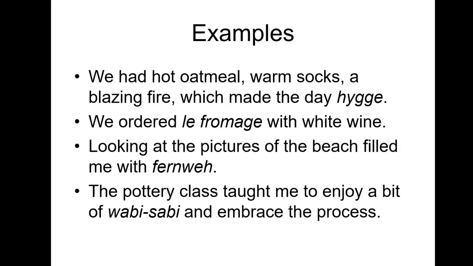Wabi-sabi means something like appreciating imperfection, appreciating when things aren't exactly perfect. And again, here we've italicized that. The word is used really well here because, again, we don't really have an English word that's equivalent to wabi-sabi. So it's really appropriate for the writer to use that in this sentence, okay?